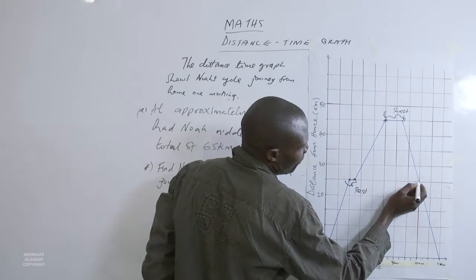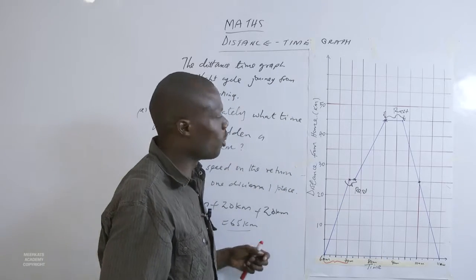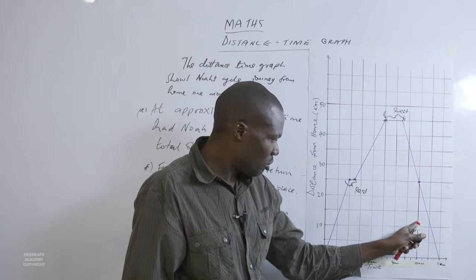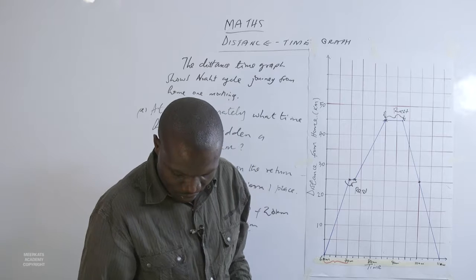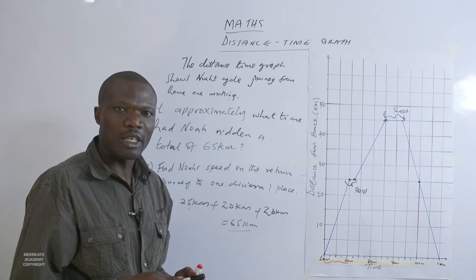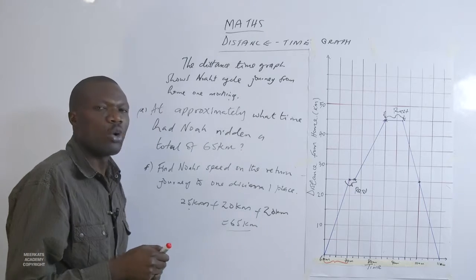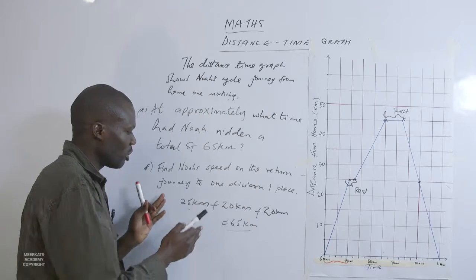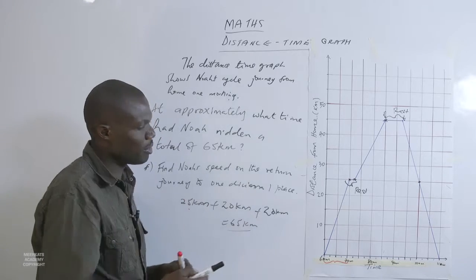So we are trying to find out what time it was when Noah was riding past this point here. To read this point, you go down. I'm reading 10 a.m. How did we arrive at 10 a.m.? We looked at the first break, which was taken after 25 kilometers. The second break was taken after 20 kilometers.